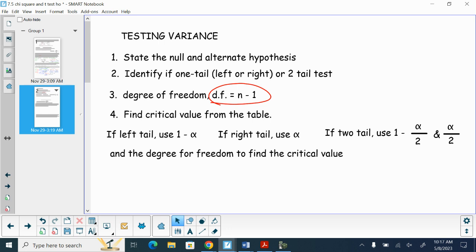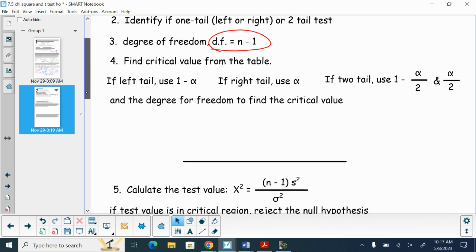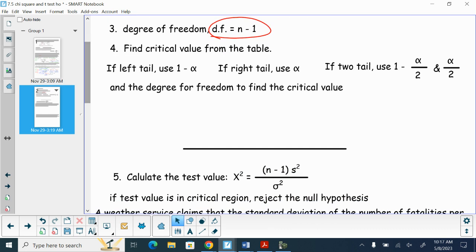You will not be asked to remember that. You can use that, that's fine. And you use these values and your degree of freedom to calculate your critical values.